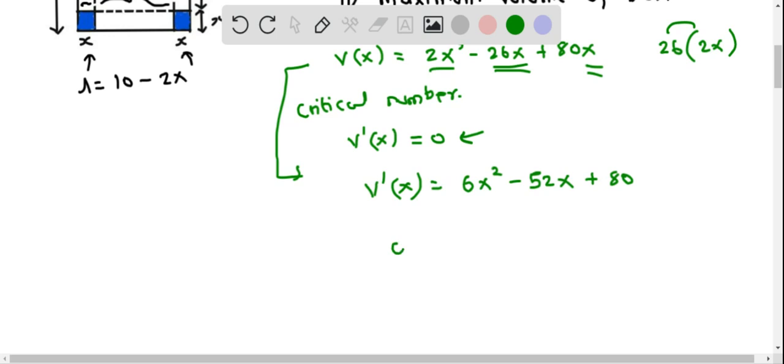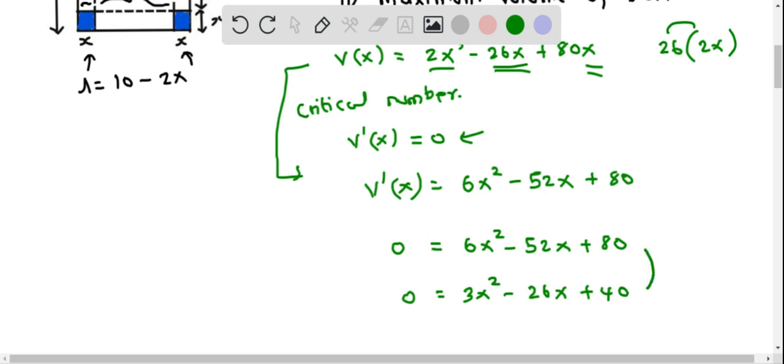So let's do that. I'm going to replace V prime of x with 0, and this equals 6x squared minus 52x plus 80. We have a common term that we can divide, that is, we can divide by 2. So it becomes 0 equals 3x squared, I divide all the terms by 2, minus 26x plus 40.